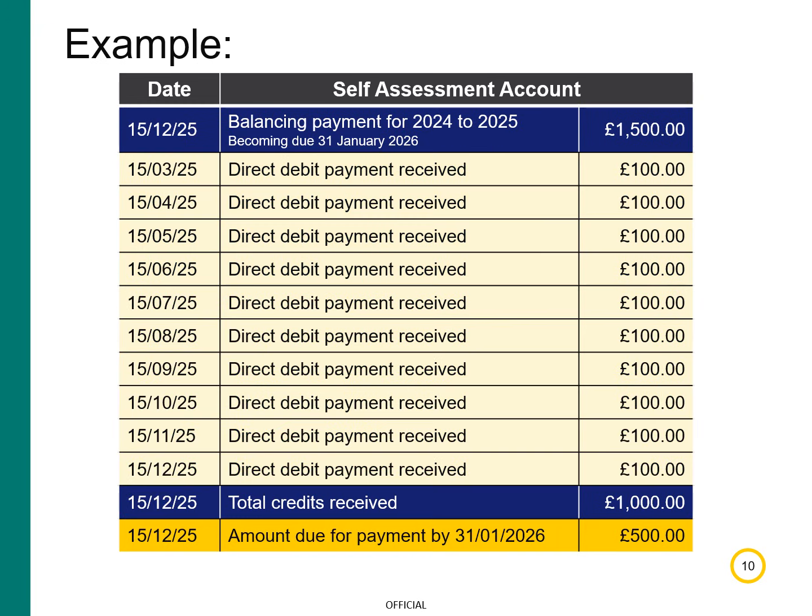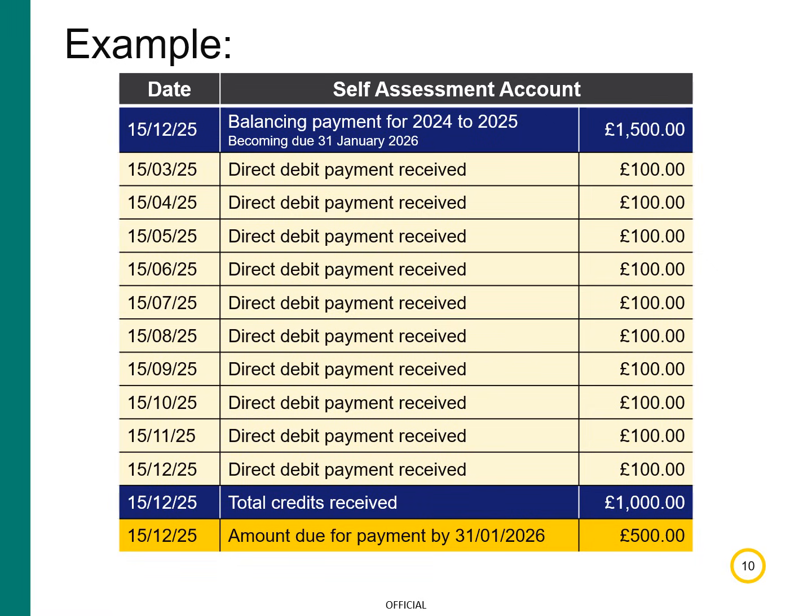Around 45 days before the 31st of January 2026, the balancing payment will then show as becoming due. At this point, the £100 monthly payments you've been making each month will be allocated to the balancing payment and taken off the amount becoming due.